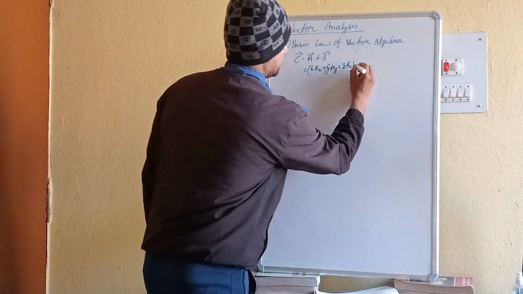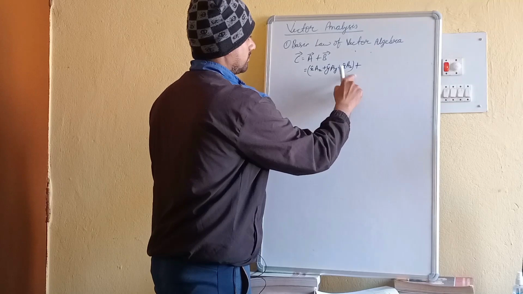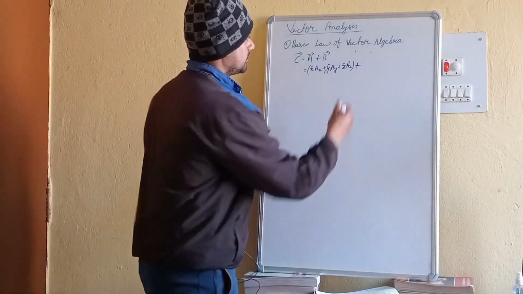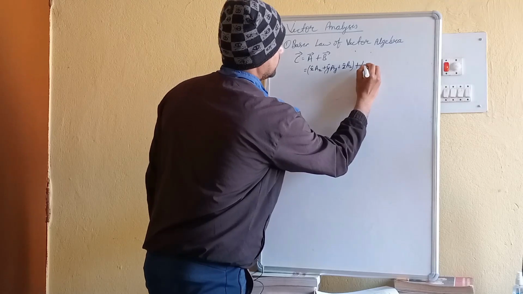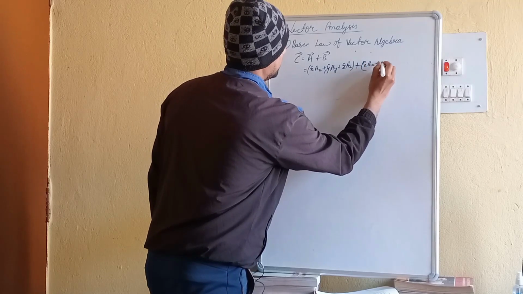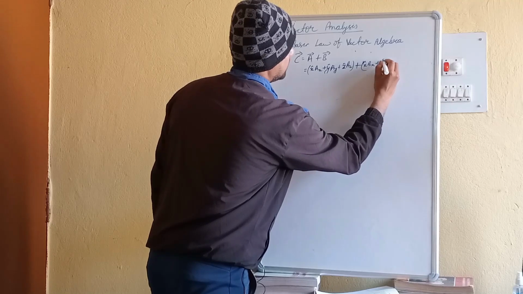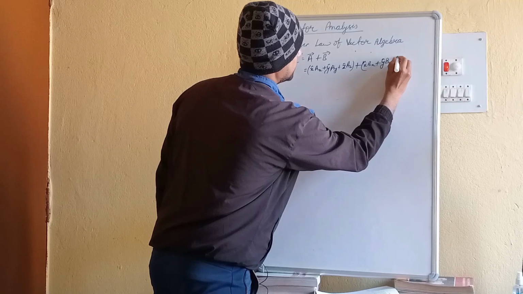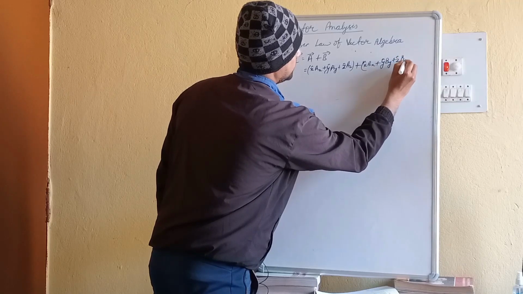Then plus, we have to write vector B using the components. So here I can write x cap Bx plus y cap By plus z cap Bz.